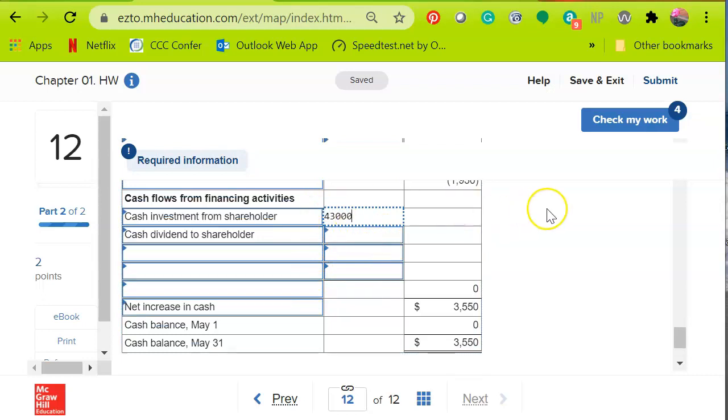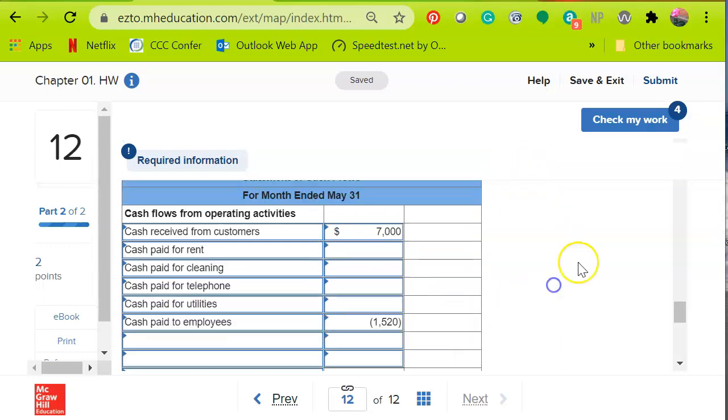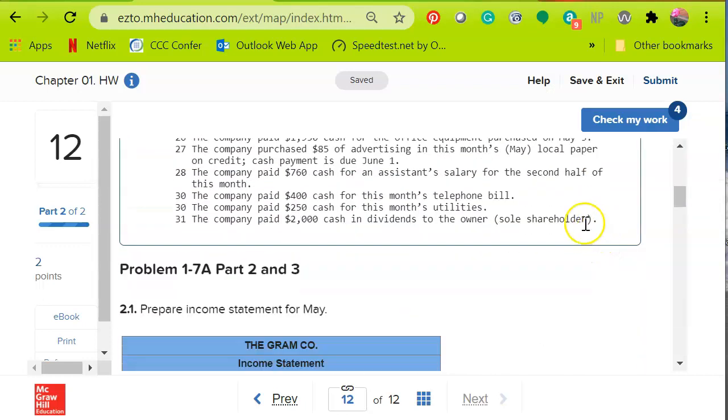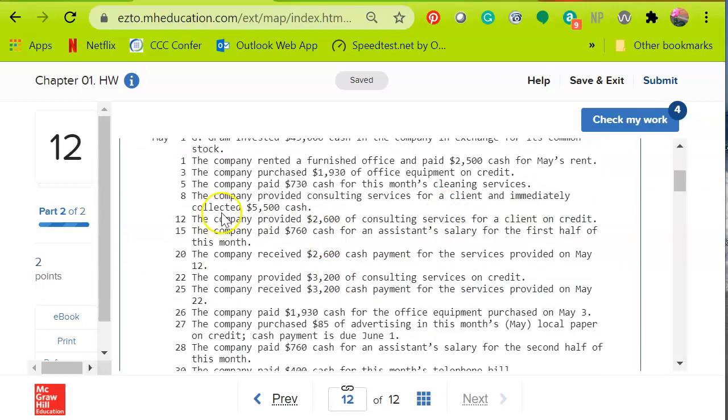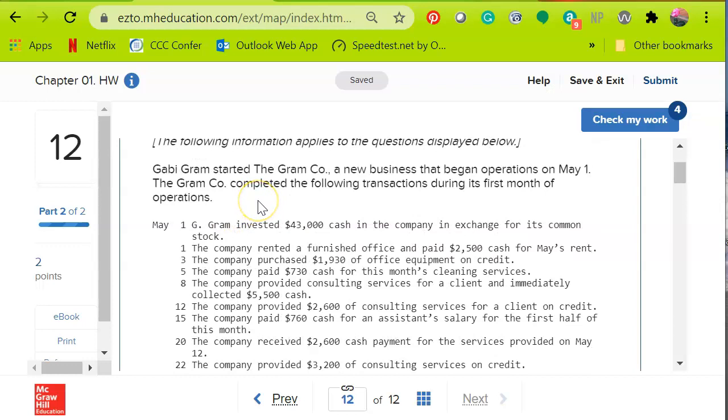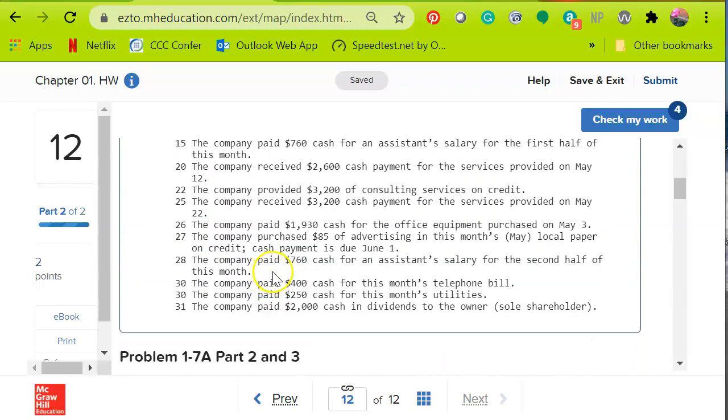And I don't know if there were multiple days that dividends were declared, but I'm just going to go back and see. Utilities, go through, look for the dividends. I know they paid some for this one. Paid $760 for the salaries. Dividends probably towards the end.